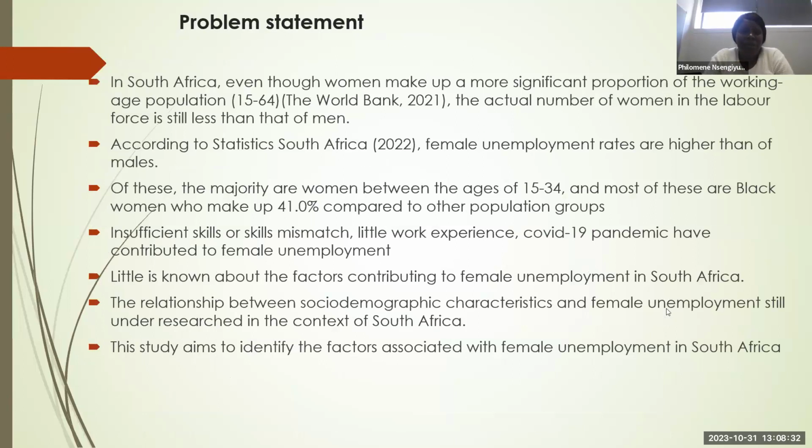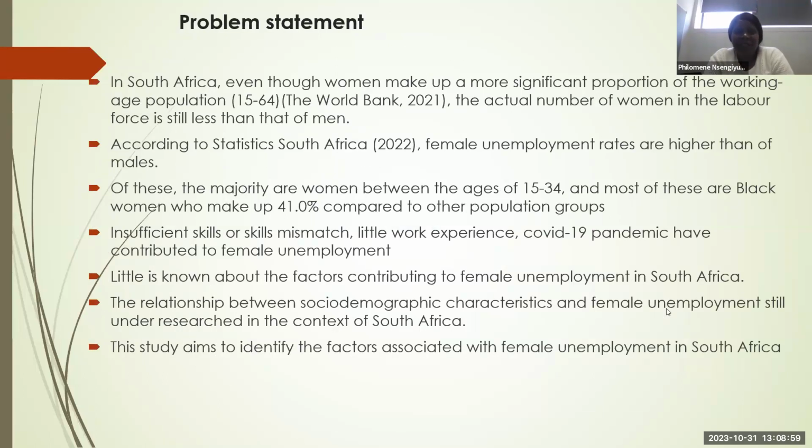Here is the problem statement. In South Africa, even though women make up a more significant proportion of the working age population, yes, they are the majority among the working age population from 15 to 64, the actual number of women in the labor force is still less than that of men.